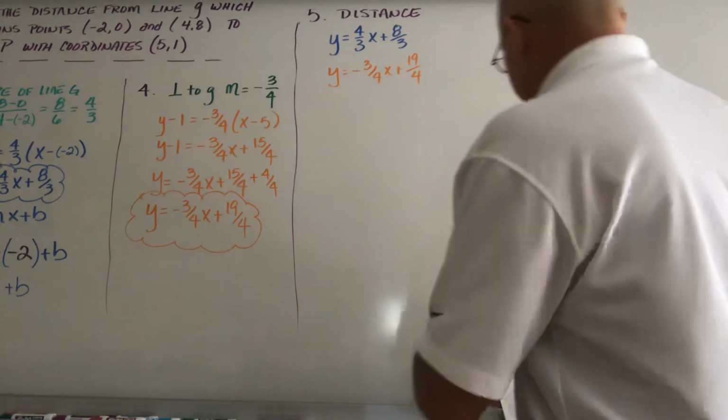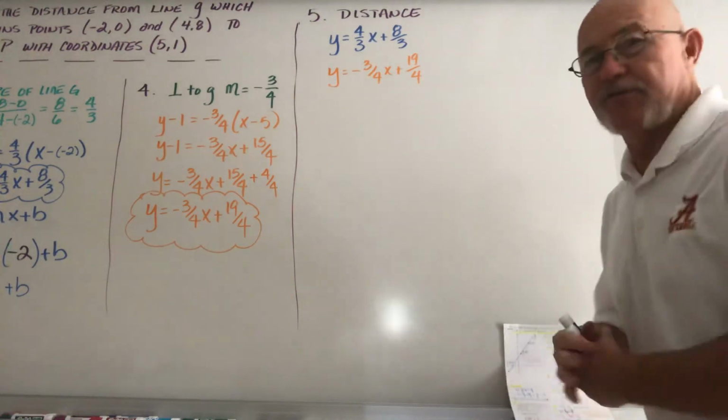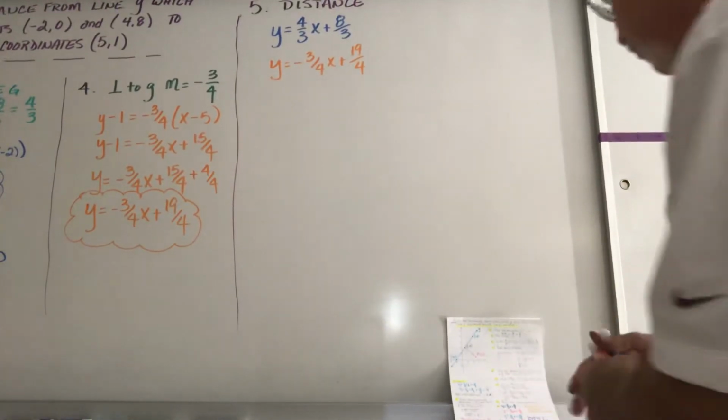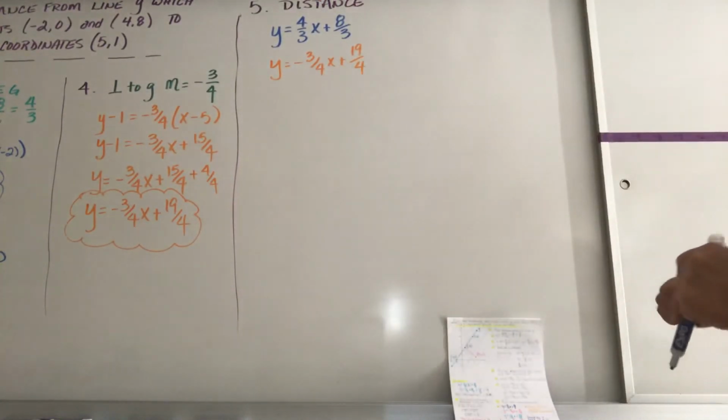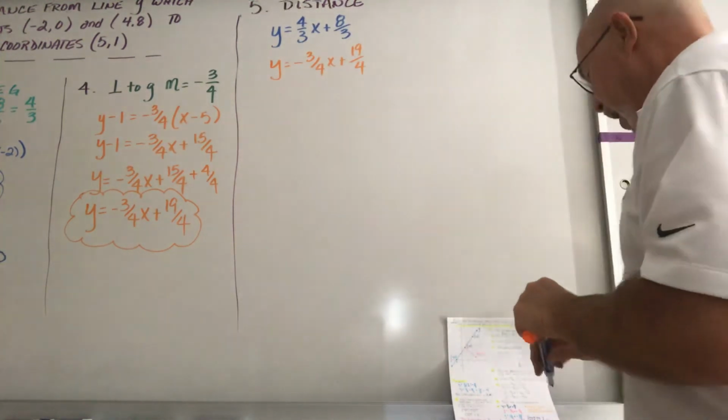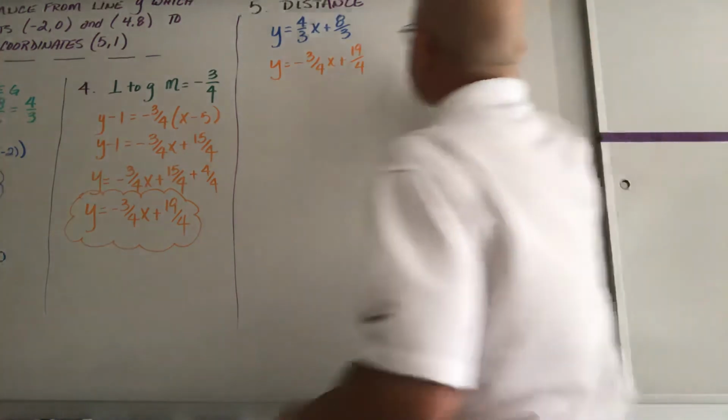Watch. Okay? If I turn this one here, okay, the blue one, I'm going to realize that the common denominator for the 3 and the 4 has to be 12.